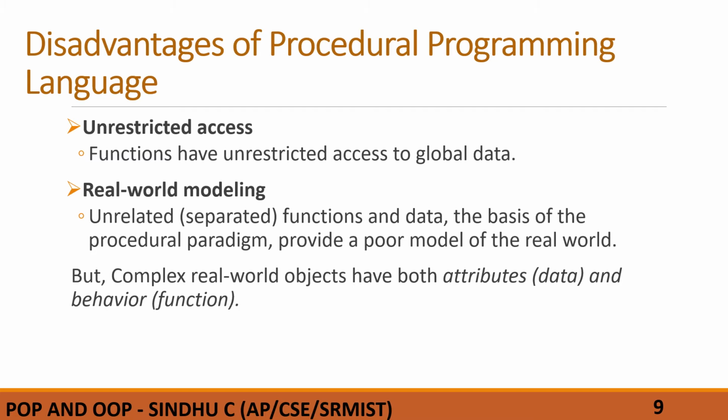Accept the input, perform some operation, display the value. So such a kind of procedure is just what is concentrated here. Complex real world objects generally have attributes and functions, which is data. Attributes are data. So say for example, student.